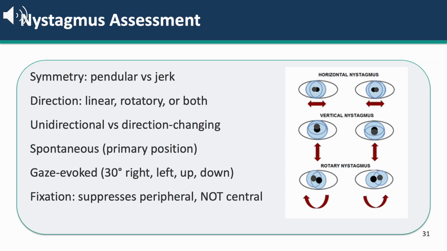An important inhibiting factor for peripheral vestibular nystagmus is fixation. While fixating, patients with peripheral nystagmus can use their visual pursuit system to counteract the nystagmus. In contrast, fixation does not suppress central vestibular nystagmus because central lesions damage both vestibular and pursuit pathways.